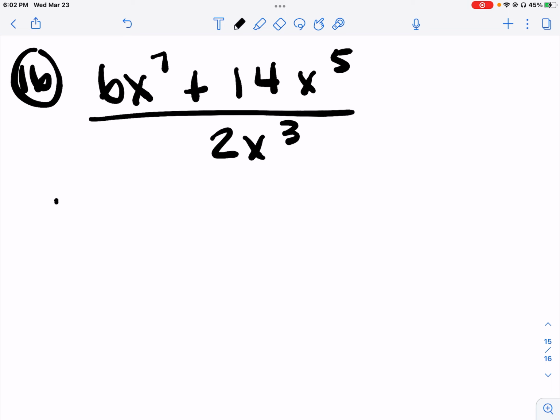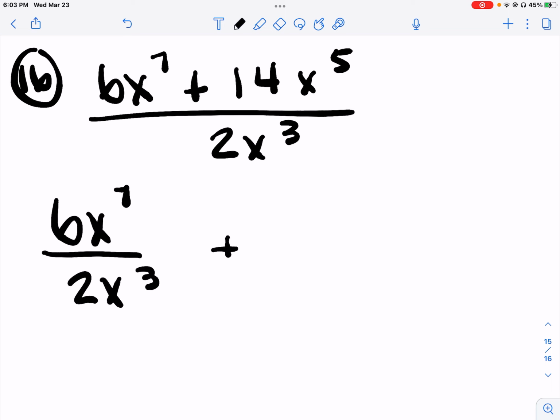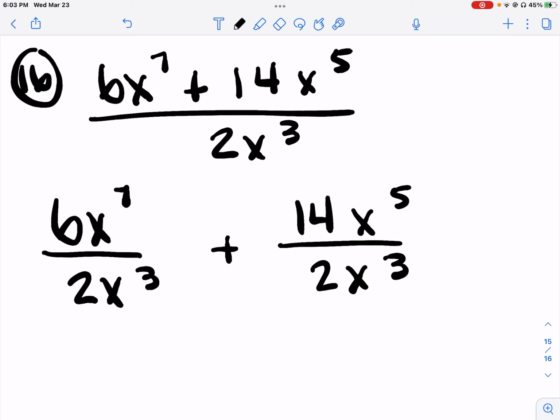Okay, both of these are being divided by 2x cubed. Okay, both of those are being divided by 2x cubed.